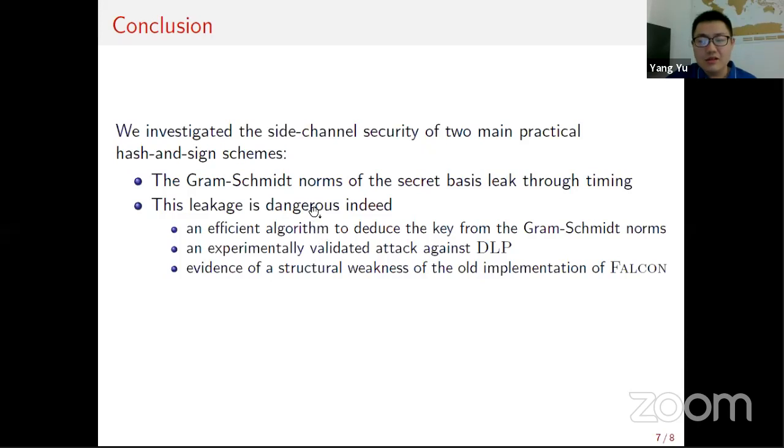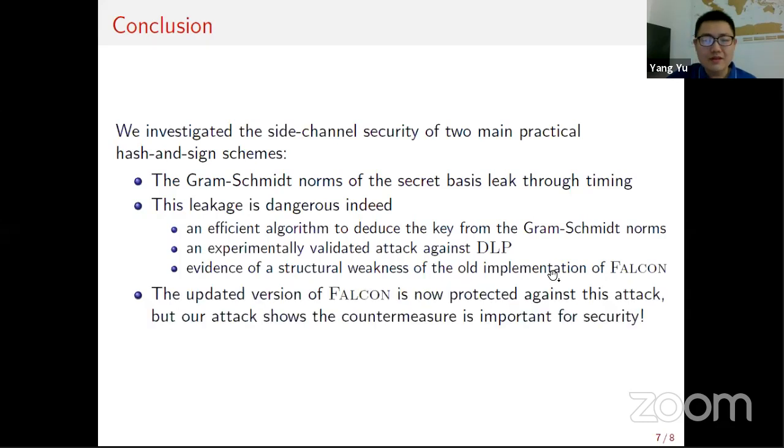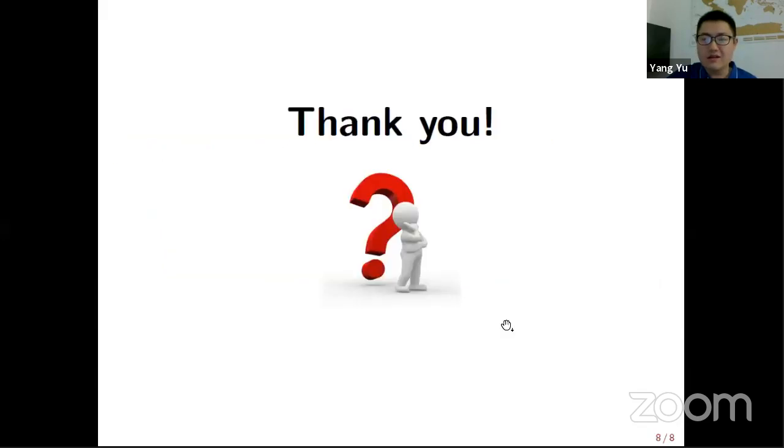This can also be viewed as evidence of some weakness of the old implementation of Falcon. At last, we should highlight that in the updated version of Falcon, the Gram-Schmidt norm leakage has been patched. While the countermeasure leads to some efficiency loss, our result shows that the countermeasure is indeed important for security. That is my talk.